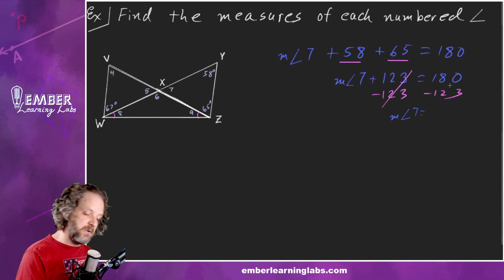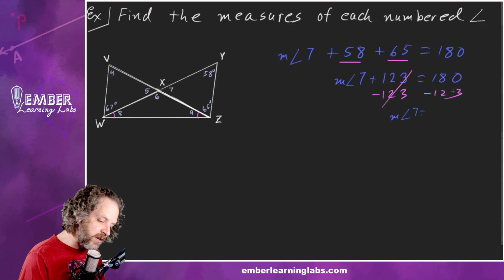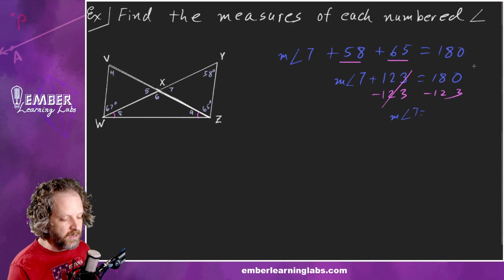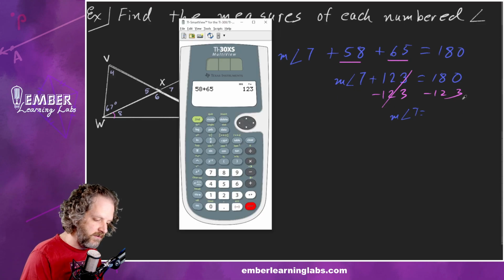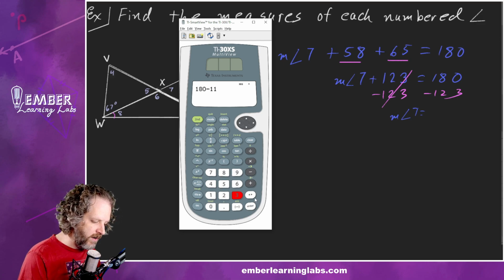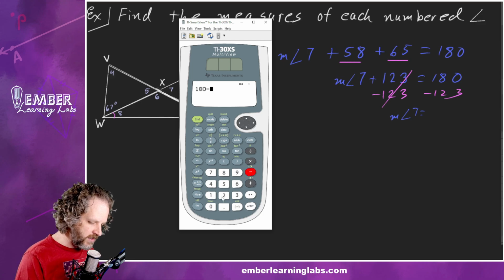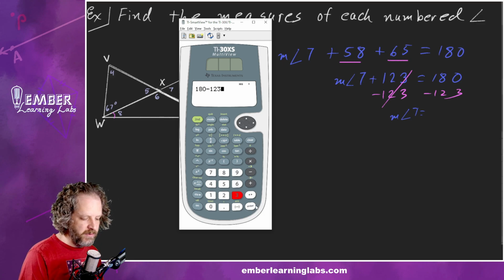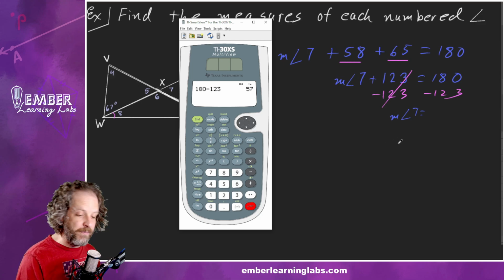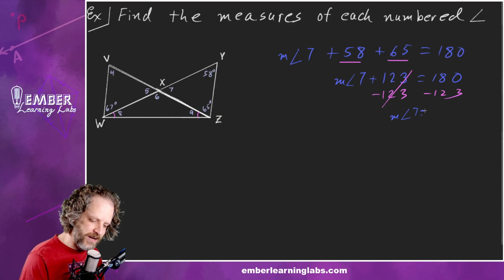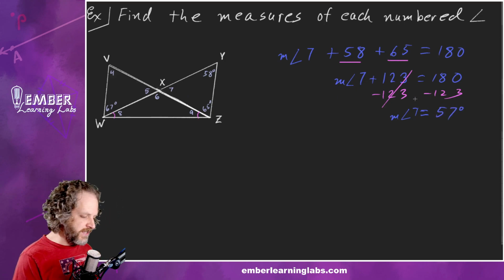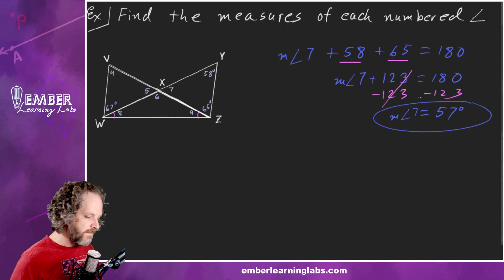This calculator seems a little slow. 180 minus 123 is 57. Yeah, I was going to get there eventually. So the measure of angle 7 is 57 degrees.